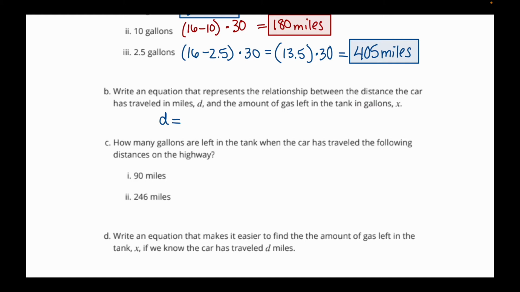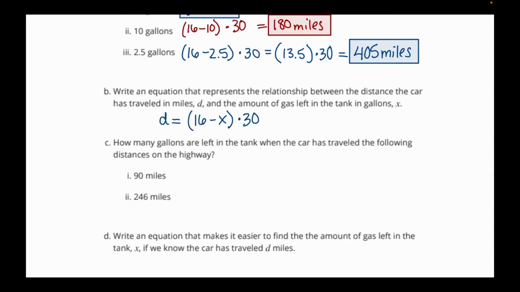So now what I did was I took, in parentheses, 16, and I subtracted the number of gallons that were still in the tank. And that we're representing with X, and then I multiplied that number by 30. This is a valid equation that represents the relationship of the number of gallons left in the tank giving us the distance.